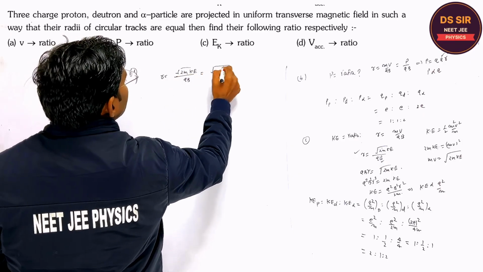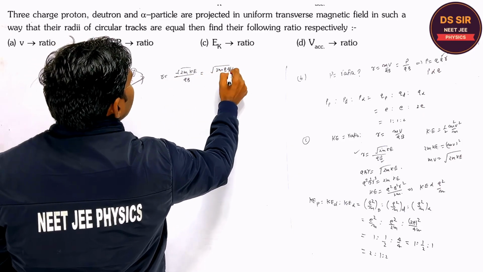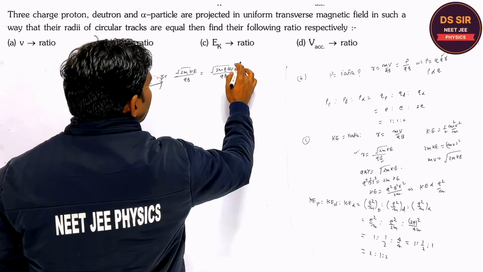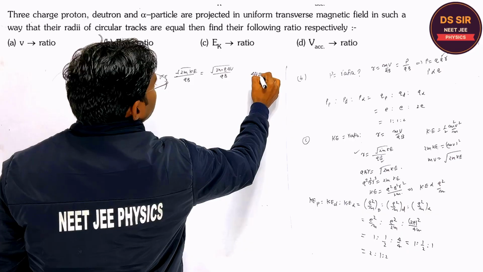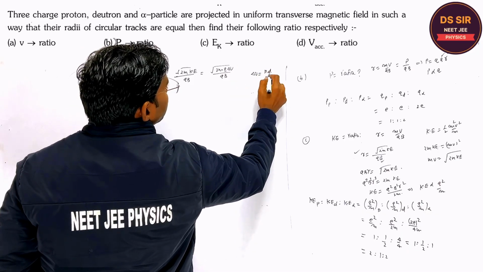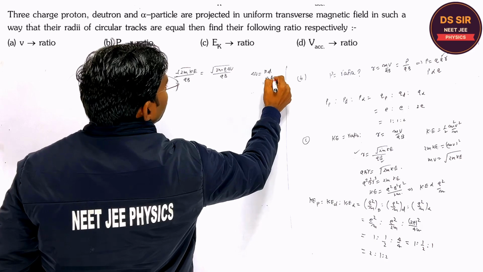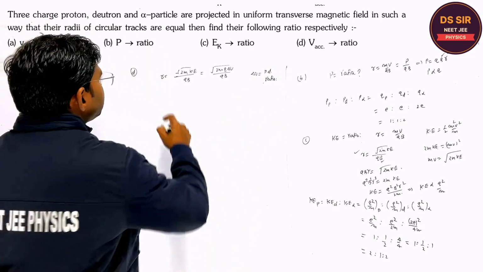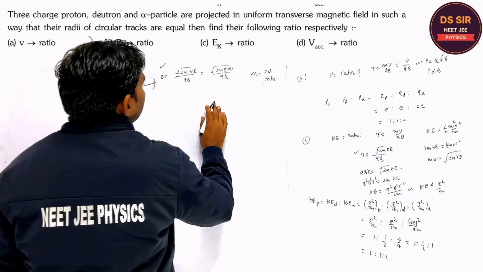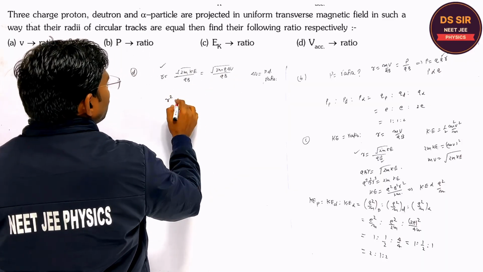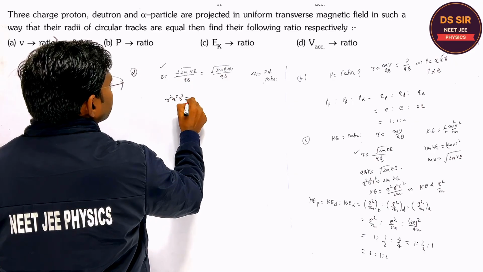Q into delta V. So delta V ratio we have to find, meaning the potential difference ratio, such that the radius is the same and the magnetic field is the same.